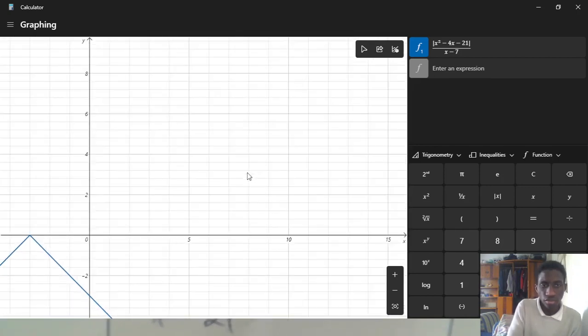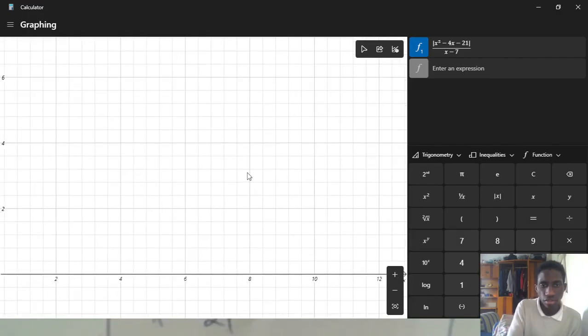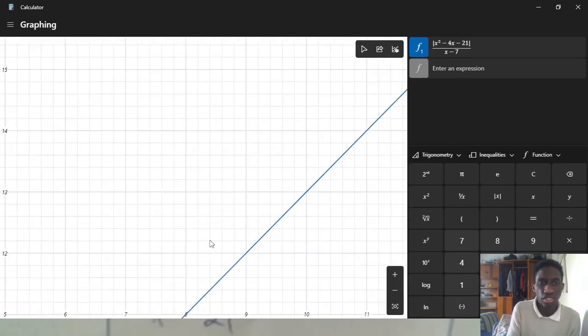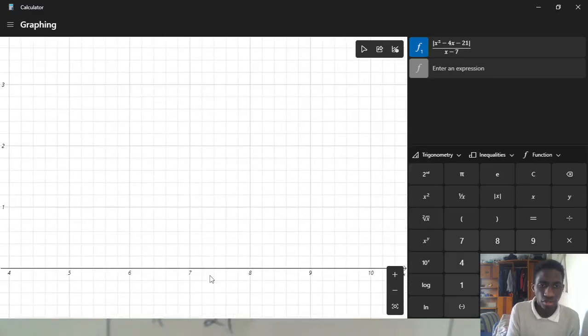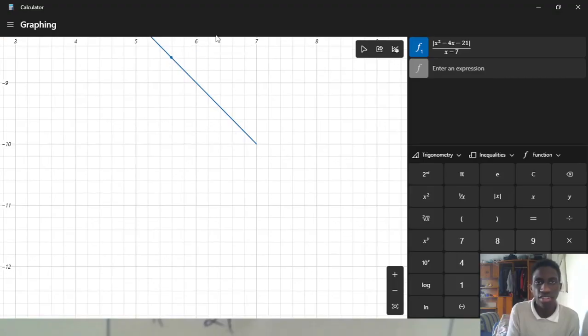There's 7 there, and 8. So as we approach 7 from the right hand side, we approach 10, and as we approach 7 from the left hand side, at 6.99999, we get minus 10. So the limit does not exist.